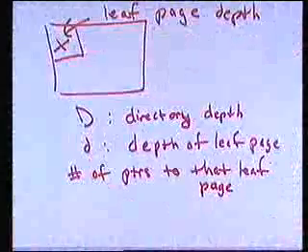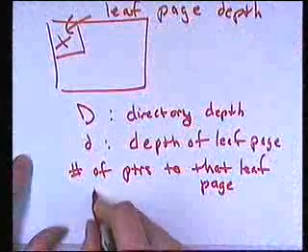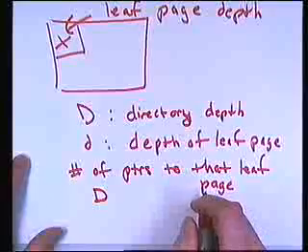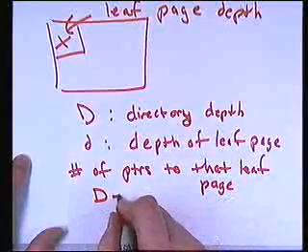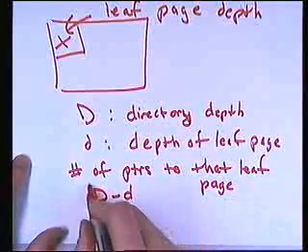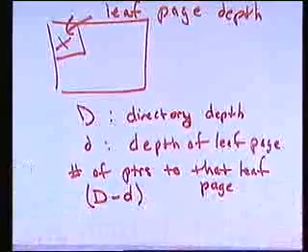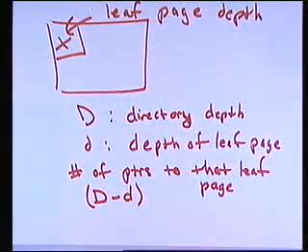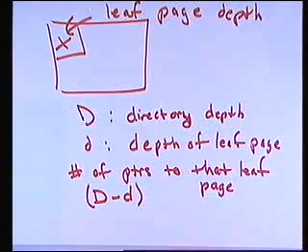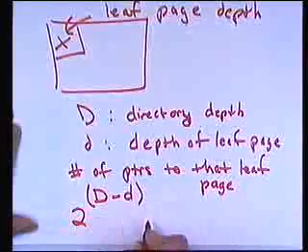That is, our formula is you take the depth of the table minus the depth of your particular leaf page. That tells you how many bits are left over that don't matter in terms of getting to this leaf page. And then how many combinations you have of those bits? Well, 2 to that quantity.